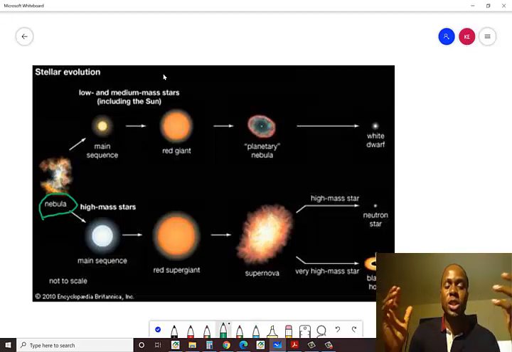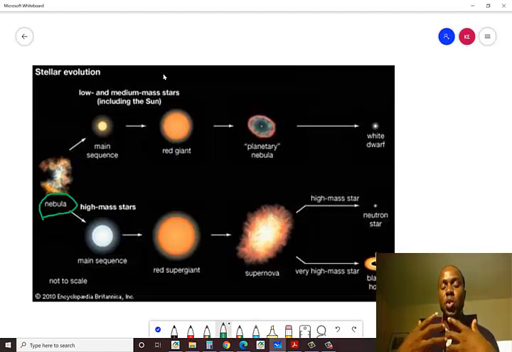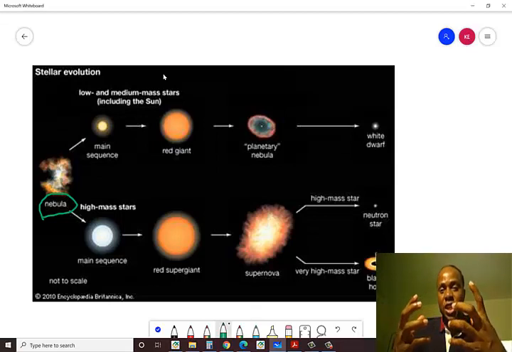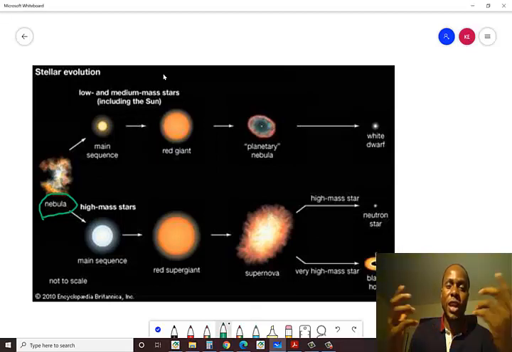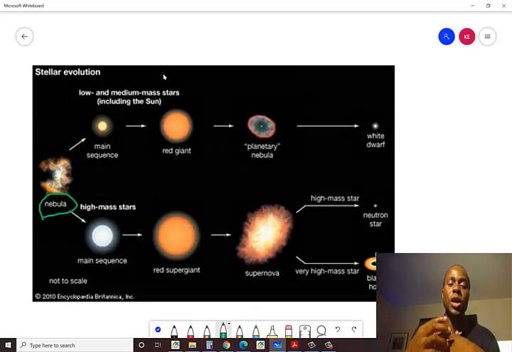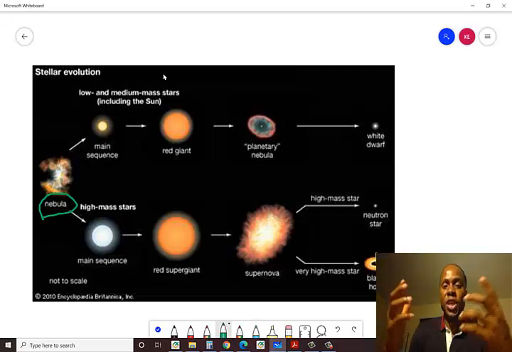And as that collection takes place, nuclear fusion begins to occur at the core. And once nuclear fusion starts occurring, energy and heat is given out. That energy is given out in the form of heat and light, and that makes that object become a star.